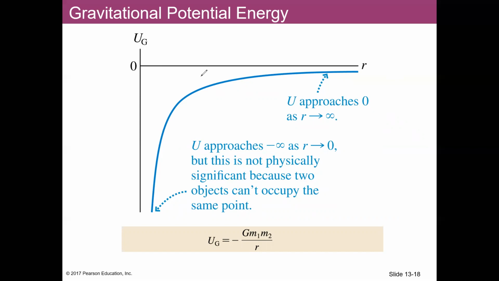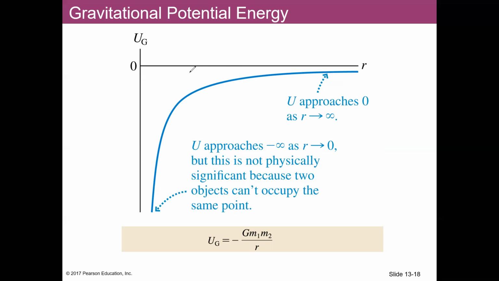Which would make the kinetic energy increase, because in these situations we usually set total energy to be constant, and so the decrease in potential energy, making it more negative, will give us a positive kinetic energy. And again, as you go toward r equals 0, technically potential energy goes to minus infinity, but you'll never get there. Eventually you'll crash into the planet.